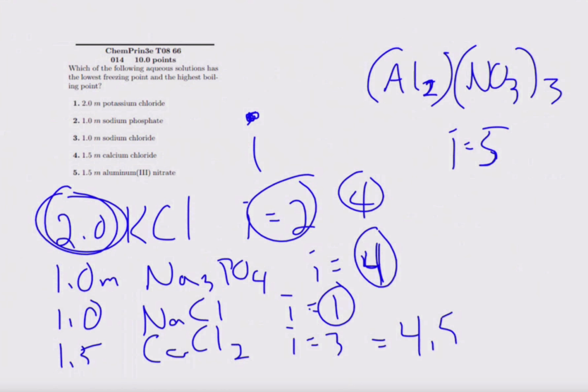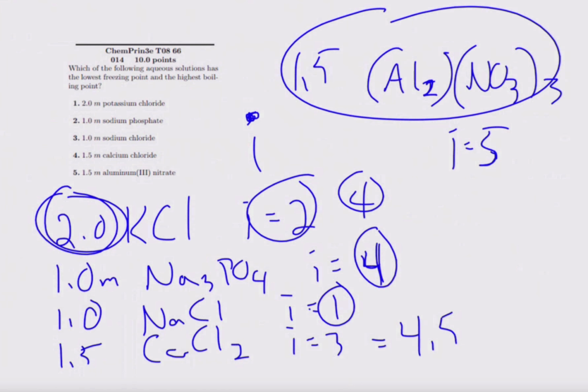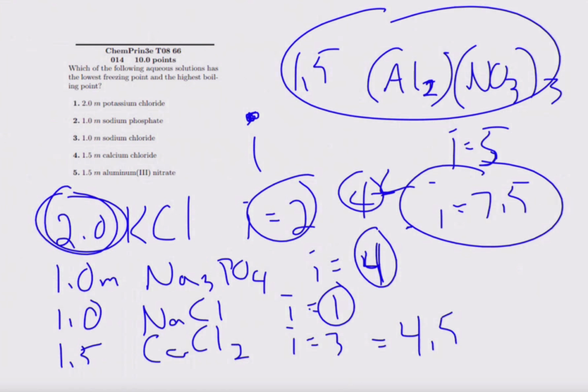Even with the extra concentration, and this is just a relative number relative to the others, right? The biggest I value wins, and the molality doesn't change that. You know, if this was 4 molal KCl, you might have a different story. But the one that's going to have the highest boiling point and lowest freezing point is the aluminum nitrate solution.